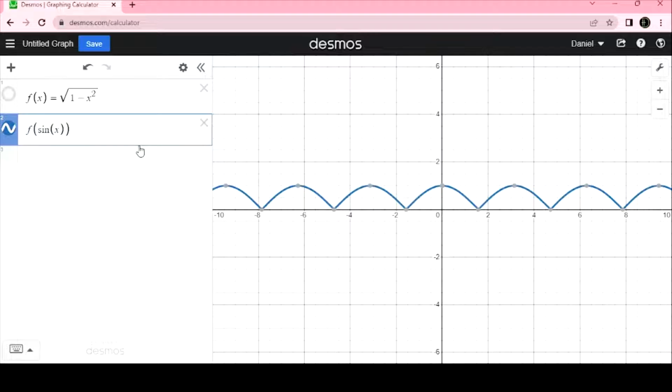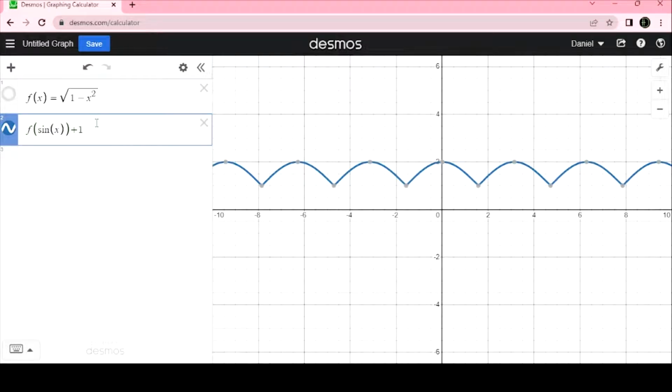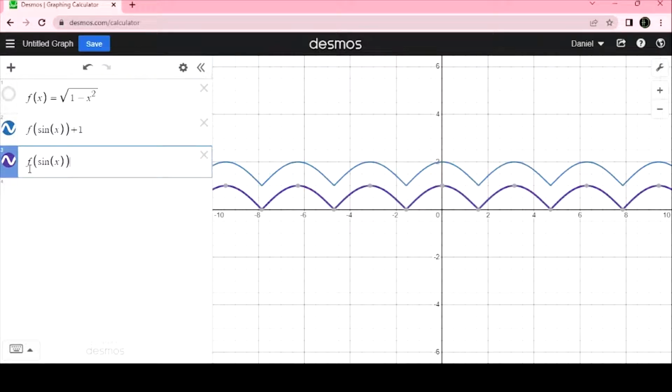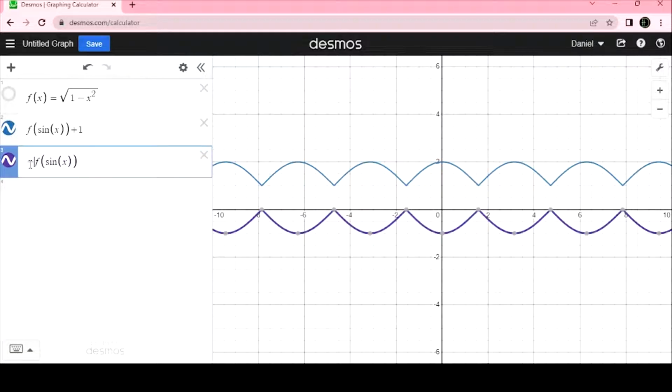And we're going to do something similar at the bottom here, and let's shift it up by a little bit. For our next function, it's going to be the same thing, but we need to do two things here. First, we need to flip the entire graph, and we do that by sticking a minus sign in the front.